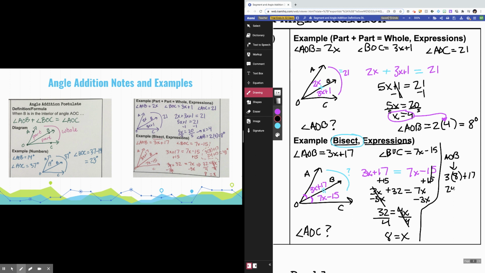So that's 24 plus 17, which is 41, okay? So if this angle is 41, that means the other part, BOC, also has to be 41. So AOC is 2 of those, 41 times 2, which is 82, okay? So that's just an example for you there.